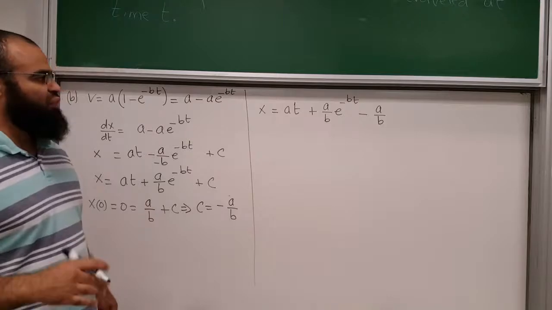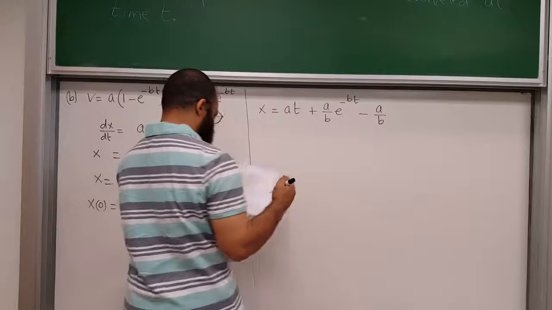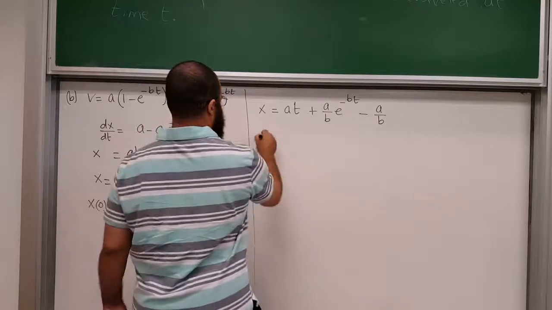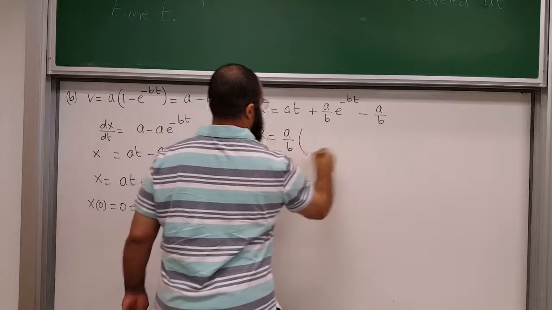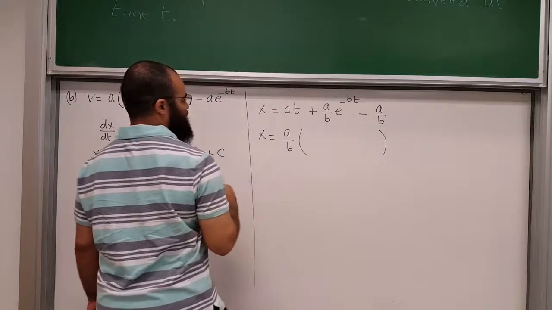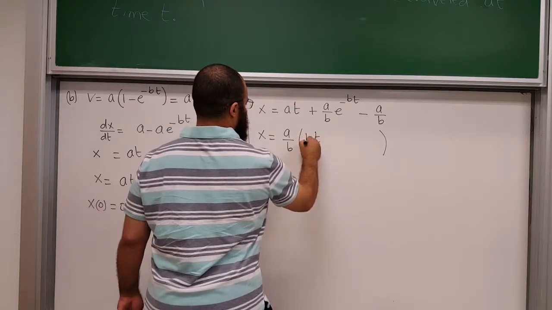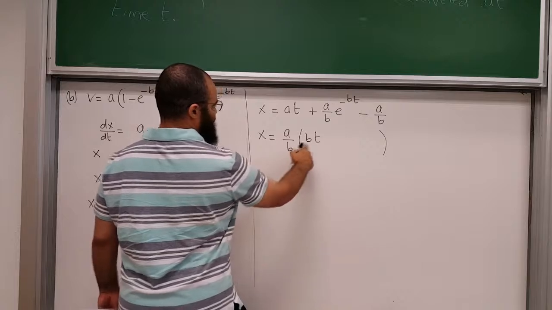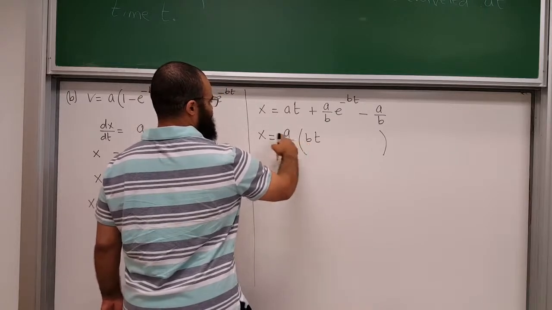You could make it look prettier if you like. You could just factor the a over b outside. So if I take an a over b outside, what's left? If you take an a over b here, you will have the t left and you have a b here. Because when you multiply it back, b on the bottom, 1 over b times b is gone and you just have at back.